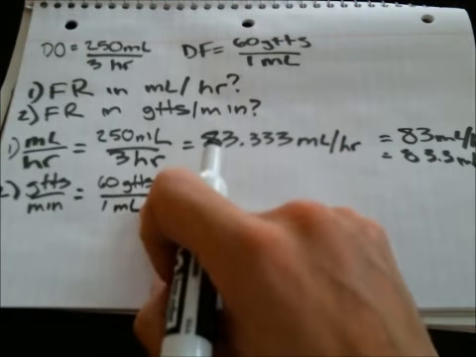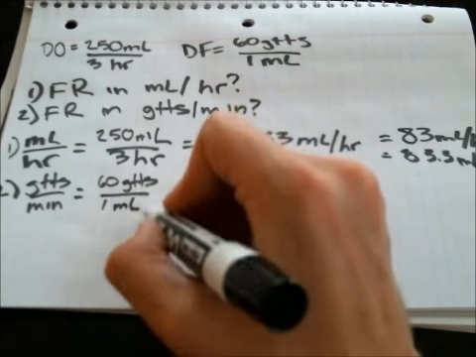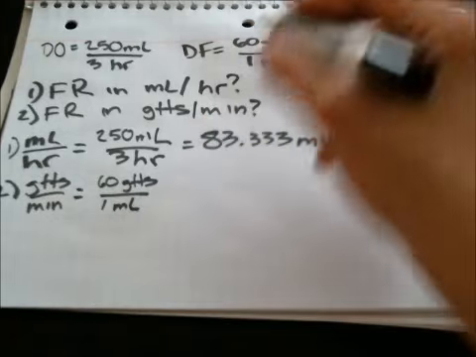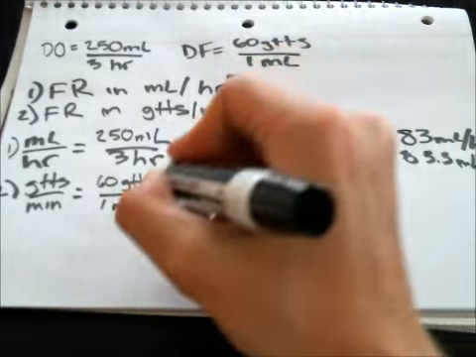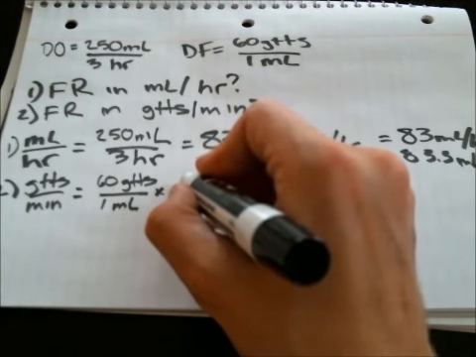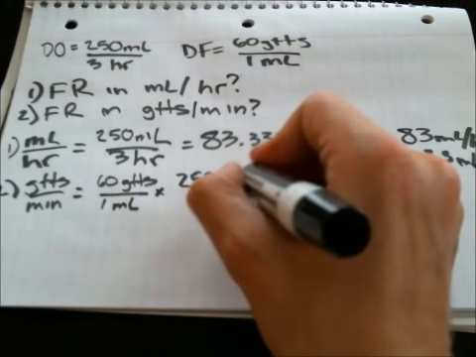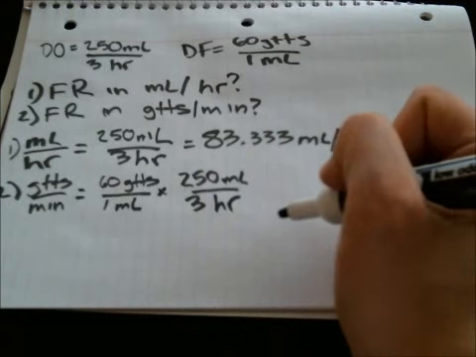Let's take our next piece of information. So far we can't cross anything out, but we have milliliters down here, and our next piece of information has milliliters up top. So let's plug it in so that we can cross them out. We'll put 250 milliliters over 3 hours, right?